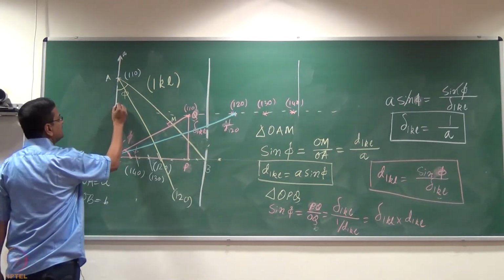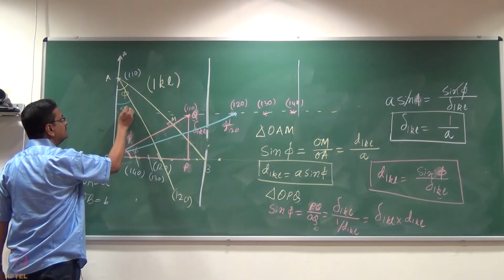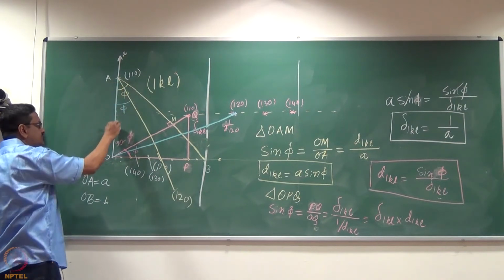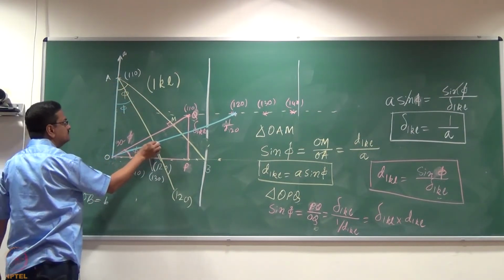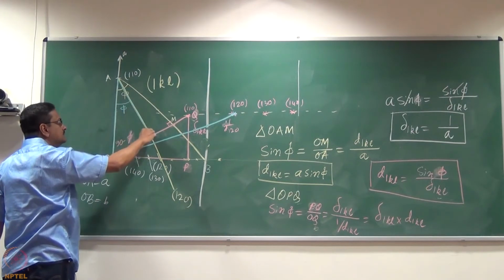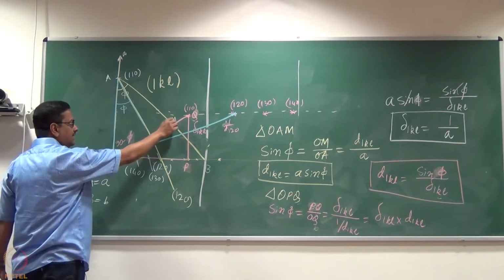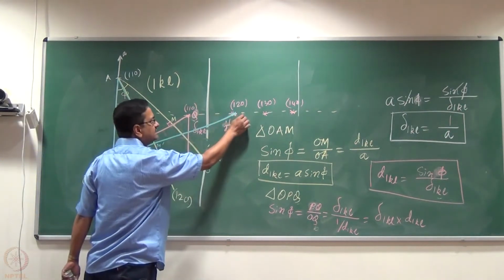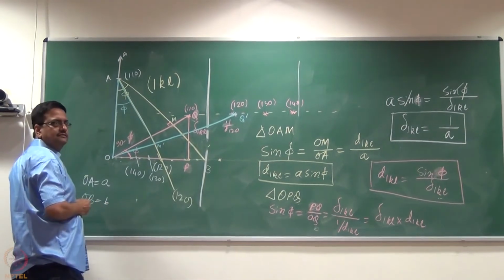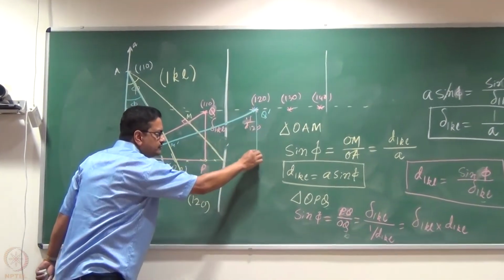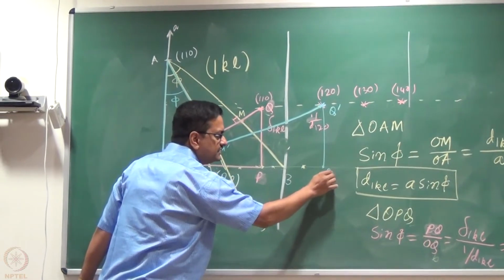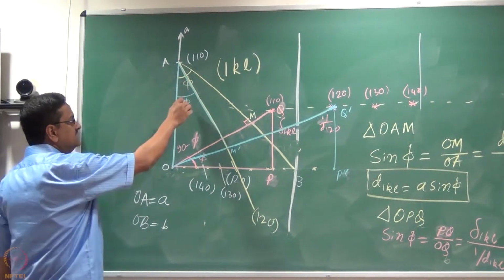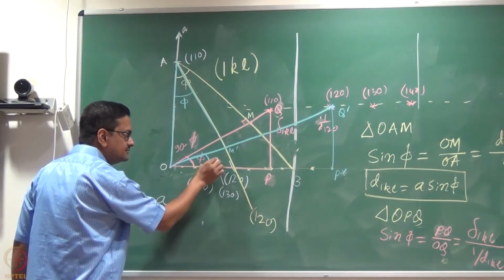So now, if I assume this angle is my phi, consider this blue triangle first. So my M comes here as M prime, Q goes there as Q prime, Q to P comes here as P prime. If this is phi, that angle is also phi.